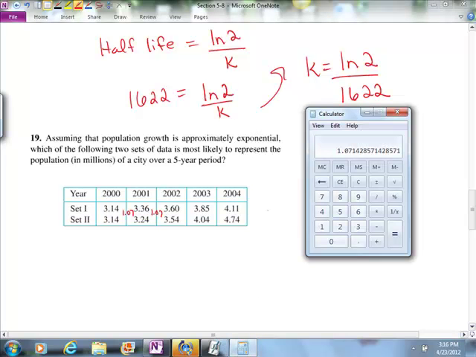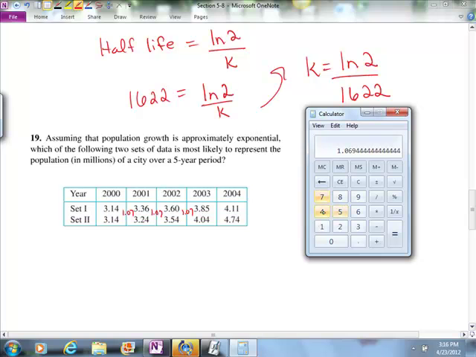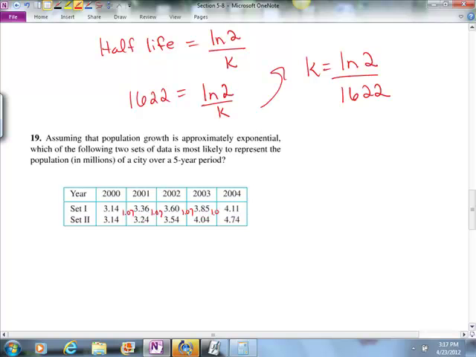And then 3.85 divided by 3.60, pretty close to 1.07. So I'm feeling like this first set of data is going to be exponential, because if you look at the ratio between successive years, each time you get about the same number, 1.07.